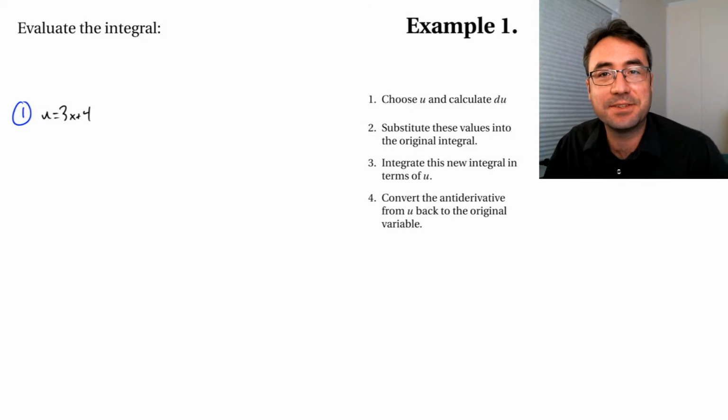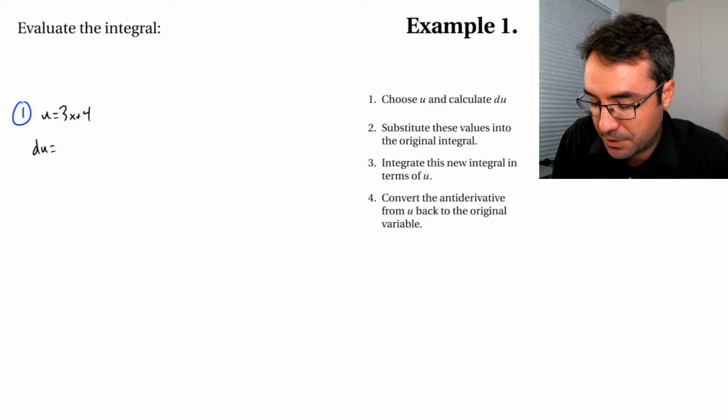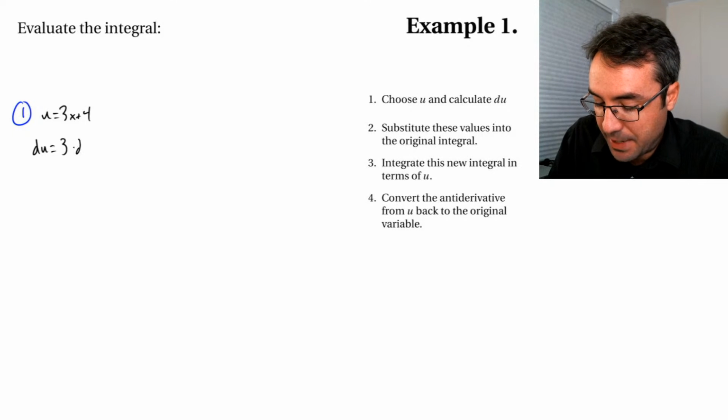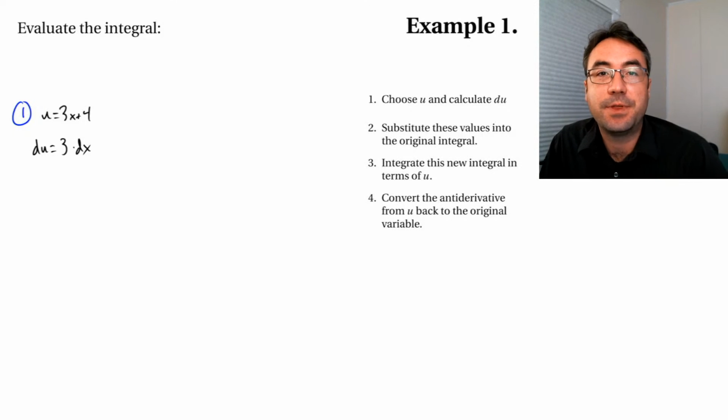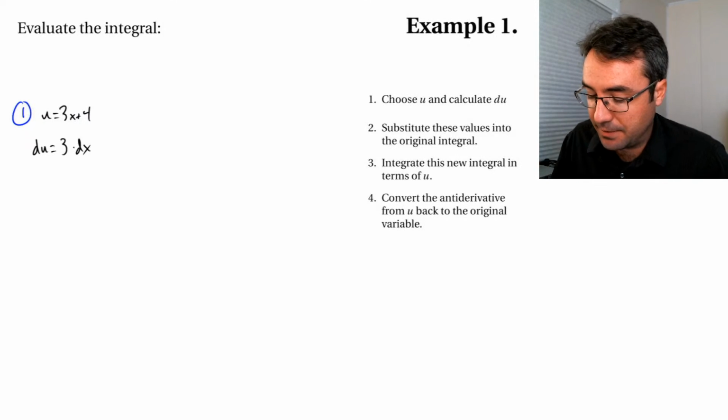Forget about everything else in your integral, and just take the derivative of 3x + 4, which is 3, and multiply that by dx. That's our differential du, based on whatever we chose for u. So our first step is to choose u and then calculate du.